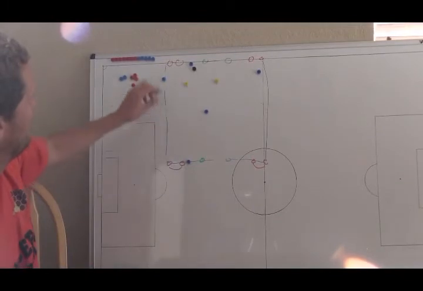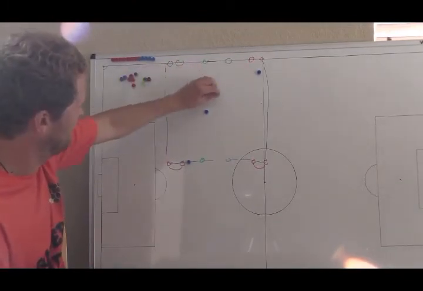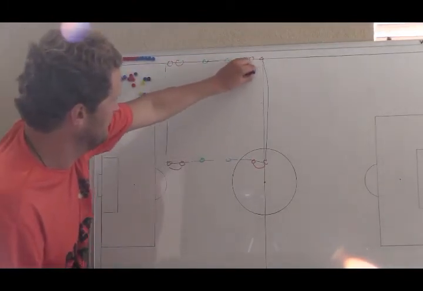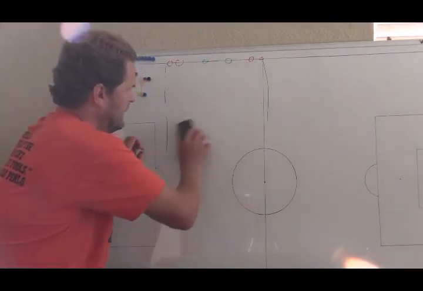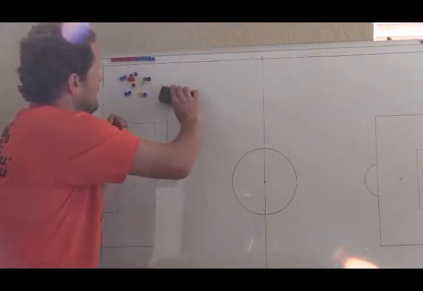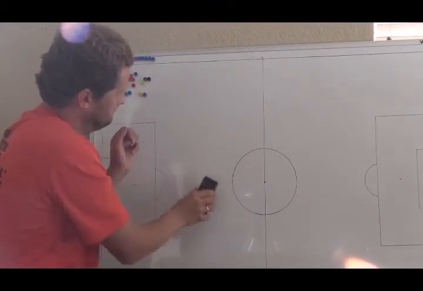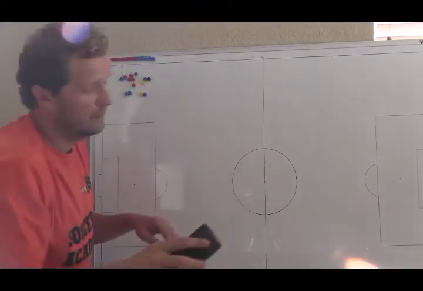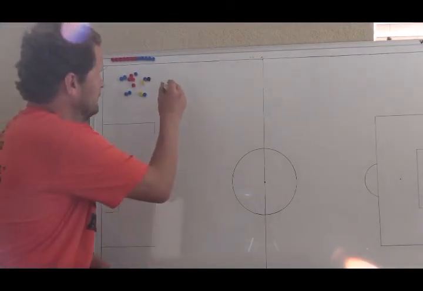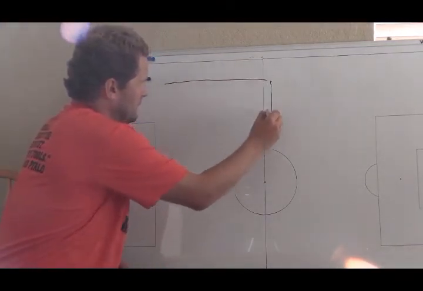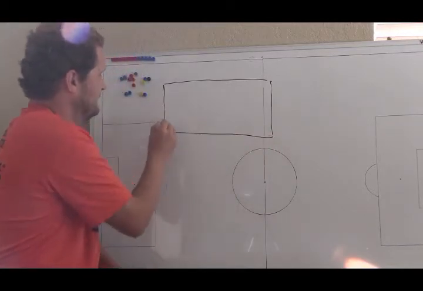All right. The next activity is going to be a little bit more numbers. Let me just erase this right now. I will put a rectangle, not a square, like this.